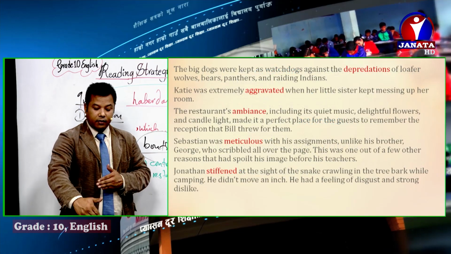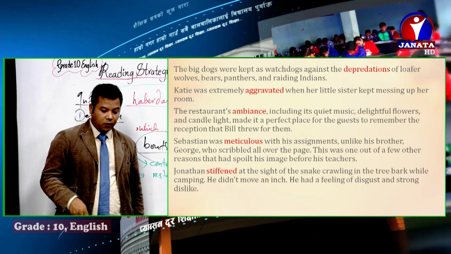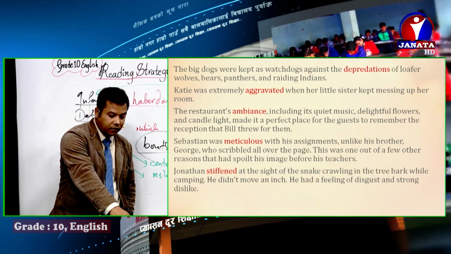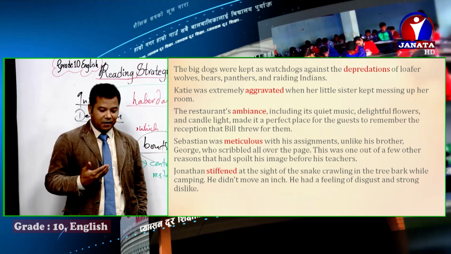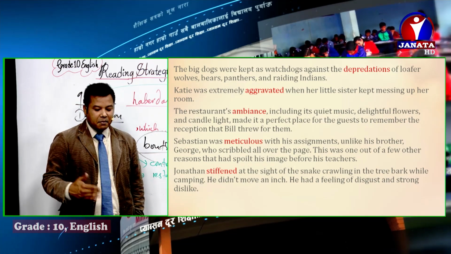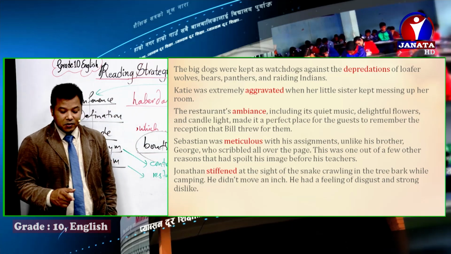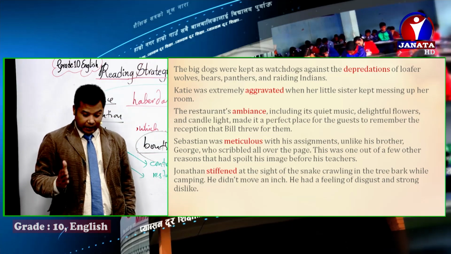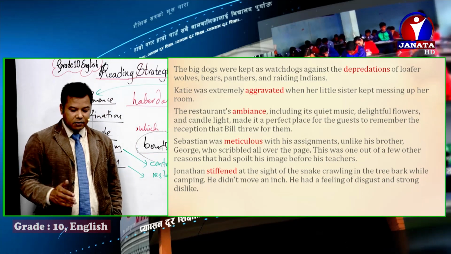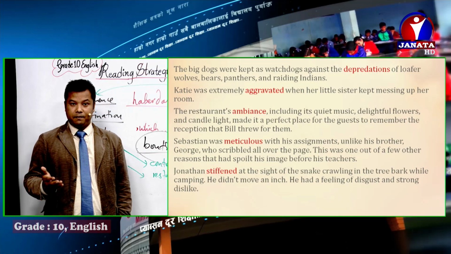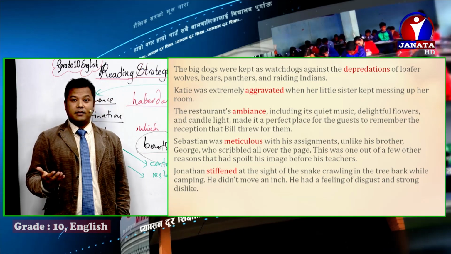We have got more. I'll just do the last two sentences for all of us. Number third again. I don't know, I'm choosing third. Third might be my lucky number. The restaurant's ambience, including its quiet music, delightful flowers, and candlelight, made it a perfect place for the guests to remember the reception that Bill threw for them. So what is ambience? Difficult?